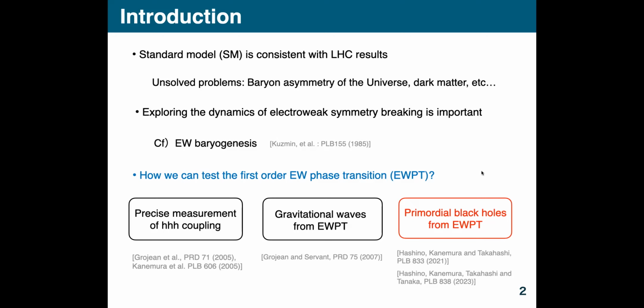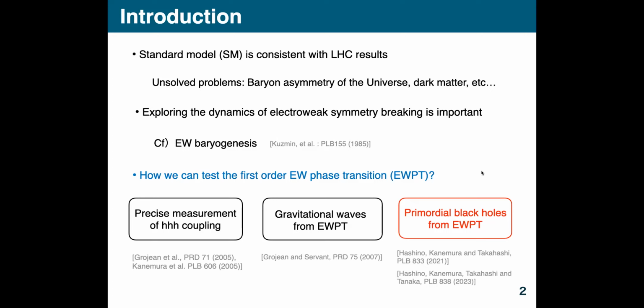In order to solve these problems, it is well known that the dynamics of the electroweak phase transition can play an important role. Therefore, exploring the dynamics of electroweak symmetry breaking, or the electroweak phase transition, is very important.